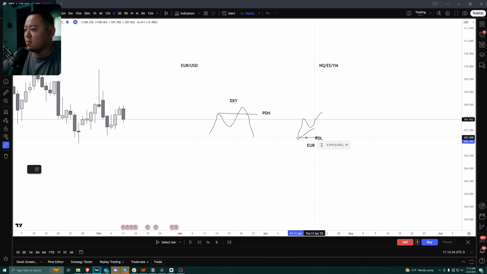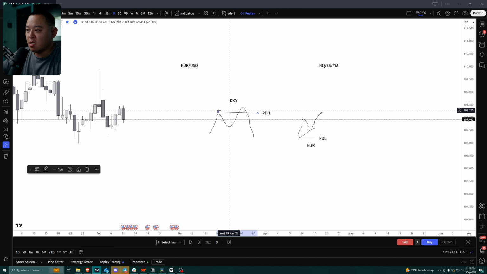When you don't see it being swept out, this is giving you the indication that there's strength in the euro. Very simply put, when we're looking for divergence, these markets should be in sync because they're inversely correlated. And the market structure should be in agreement.